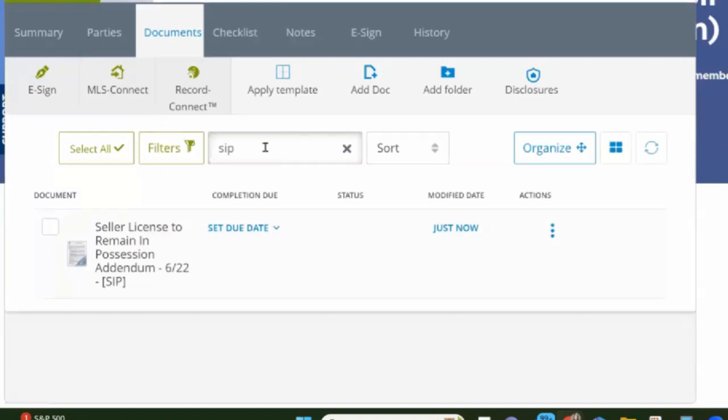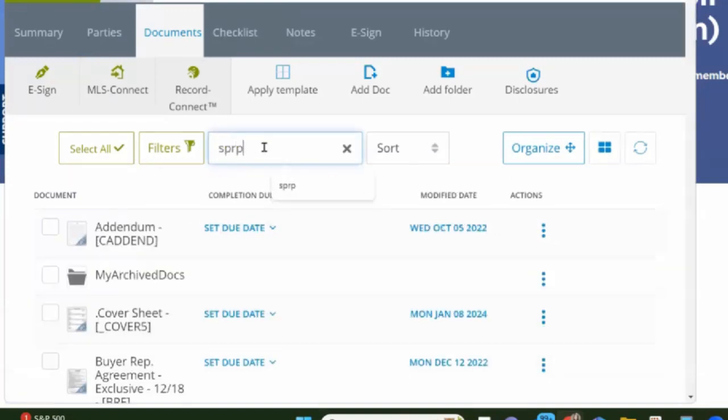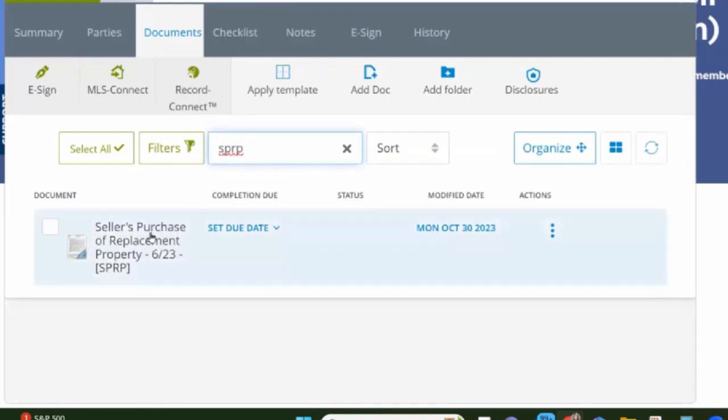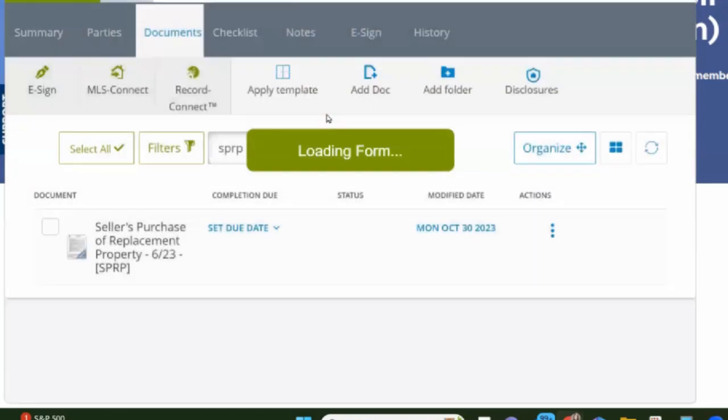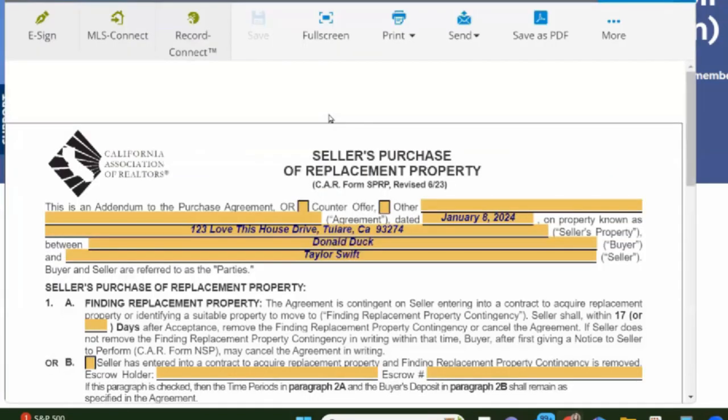Okay, so then let's now talk about the SPRP. This one gets a little more complicated. I usually teach this with another form, and then it gets really confusing. So I'm only teaching this form today, and I'm not teaching the second form, hopefully so it doesn't get so confusing.